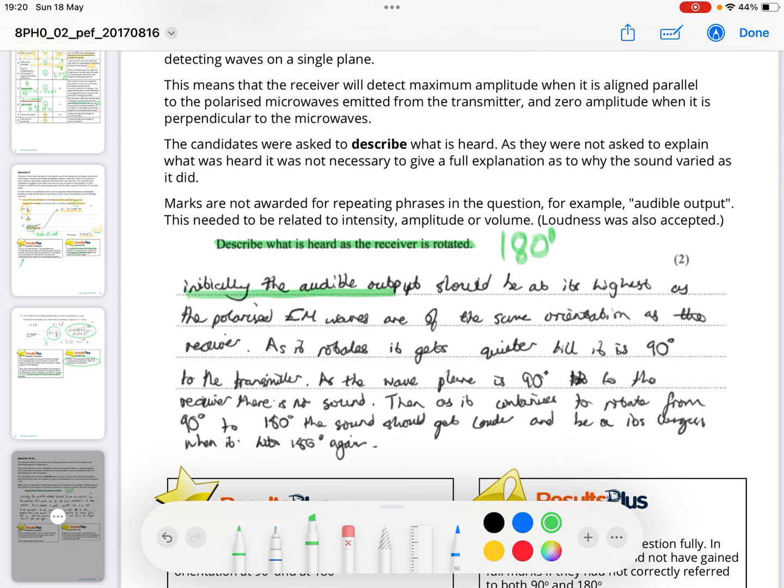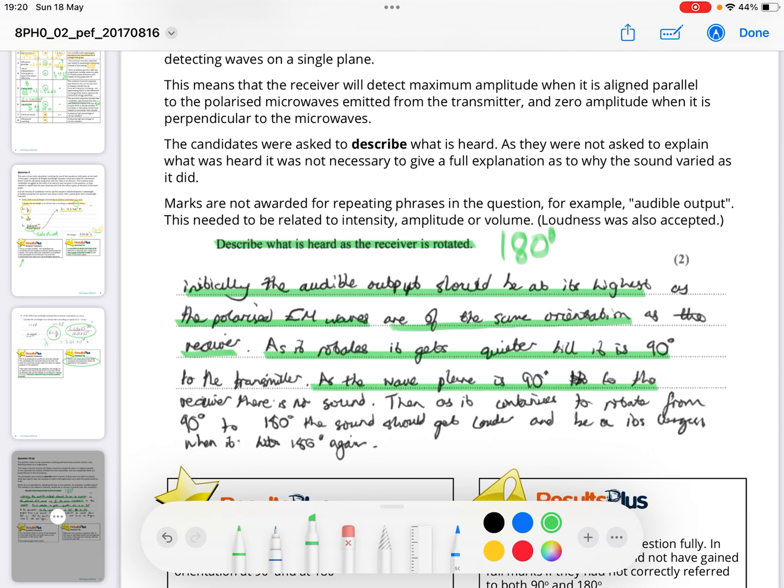Initially the audible output should be at its maximum, at its highest, as the polarized electromagnetic microwaves are of the same orientation as the receiver. As it rotates, it will get quieter till it is 90 degrees to the transmitter, as the wave plane is 90 degrees to the receiver.